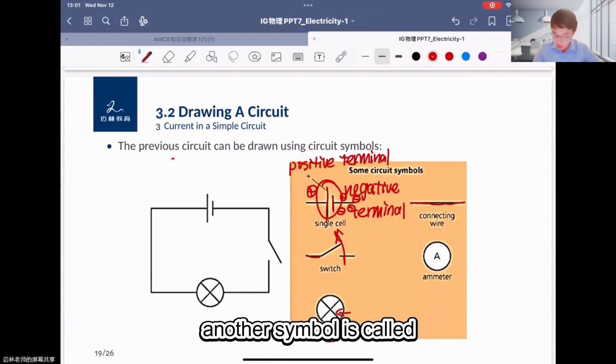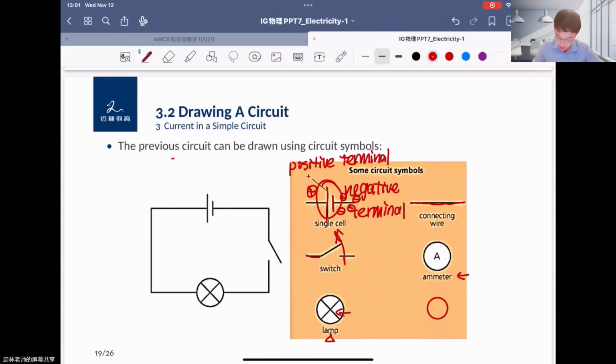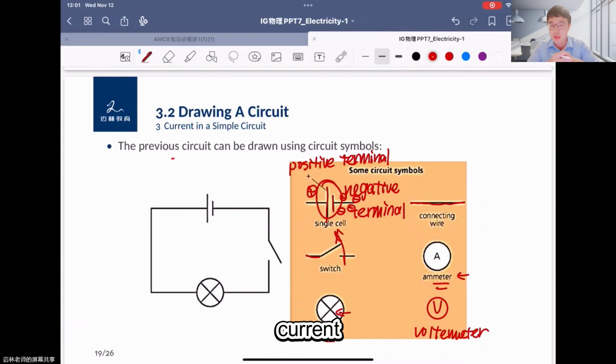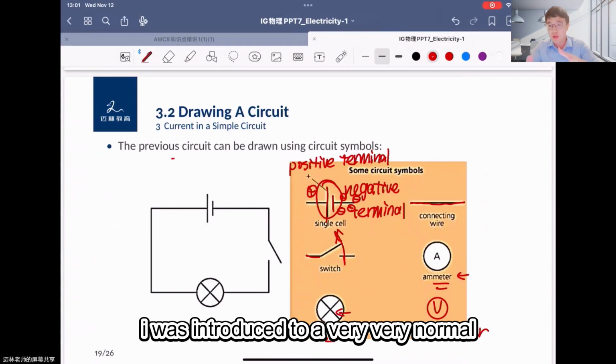Another symbol is called the ammeter, and I also have to introduce another symbol called the voltmeter. The ammeter is an apparatus to measure the speed of the current. I went to Germany before, and I was introduced to a normal forest.